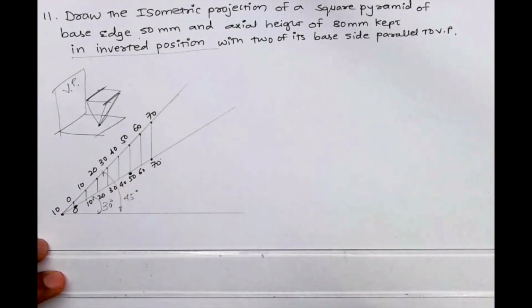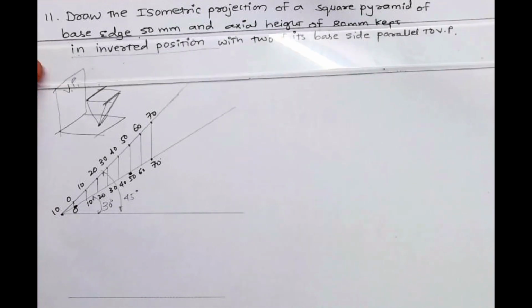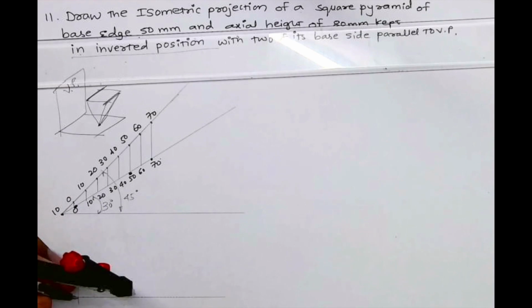Now we'll draw the helping figure. In the helping figure we need to draw a square of side 50. So I will take 50 and draw a square.